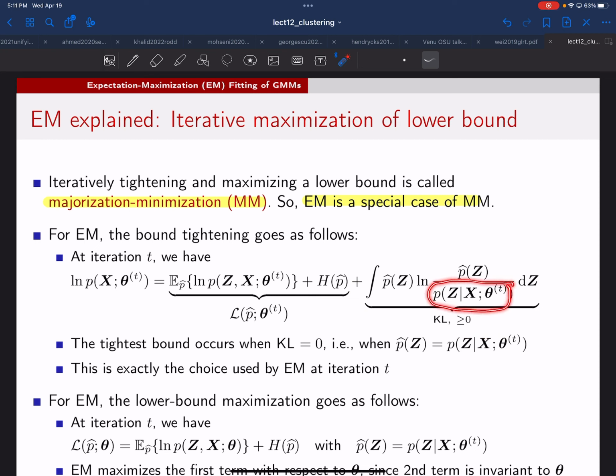This. And I know this at every iteration. So what I do is at every new iteration, t plus 1, I set my belief on z according to this particular conditional PDF. So the tightest bound occurs when the KL divergence is 0, by choosing this particular p hat, and that's exactly what EM is doing.